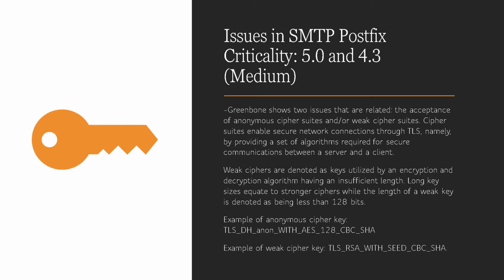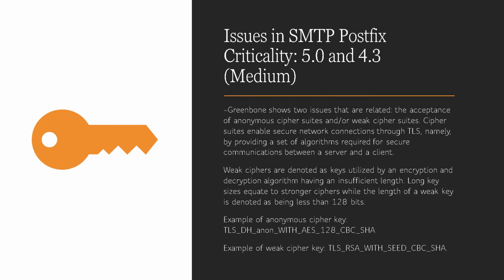Now, the problem isn't the fact that Postfix is enabling cipher suites. The problem is that it is enabling both anonymous ciphers and weak ciphers. Anonymous ciphers are essentially ciphers that aren't authenticated by the server.